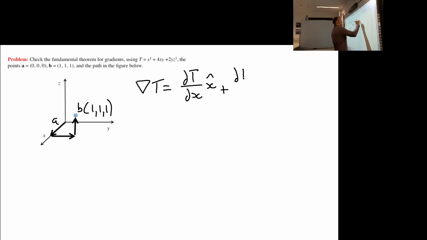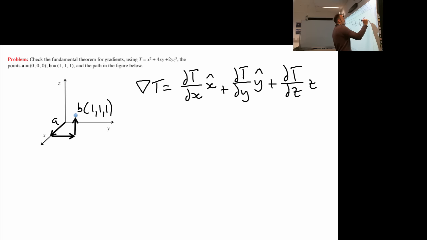Okay, so we're going to check the fundamental theorem of gradients using the scalar field T. So let's write up what our gradient is. The gradient of T is going to be equal to the derivative of T with respect to x times x hat, plus the derivative of T with respect to y times y hat, plus the derivative of T with respect to z times z hat.